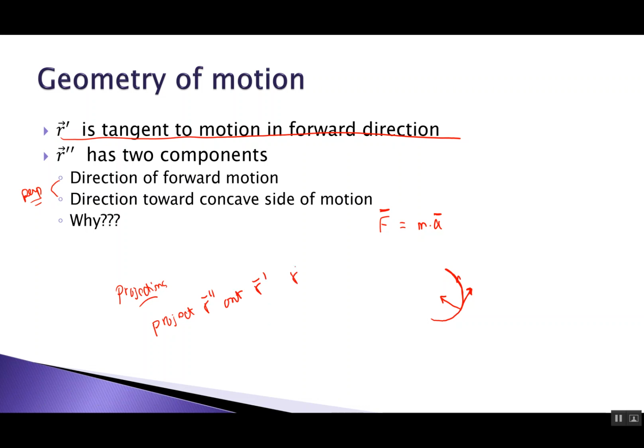So you're finding R double prime parallel. And then to find the part that's on the concave side, you would take R double prime perp. Remember that from the very first couple weeks of class? It was on the first exam. I don't think you have any homework like that, but that's an important fact to know.